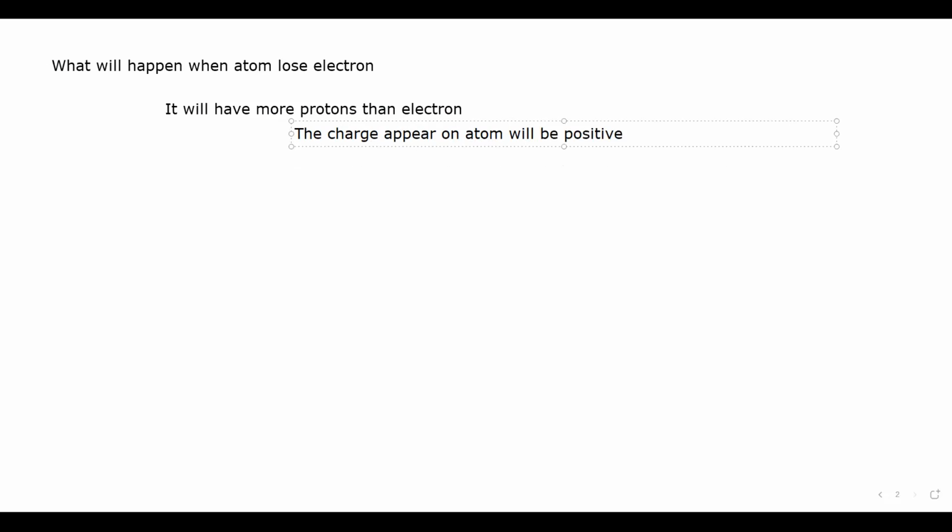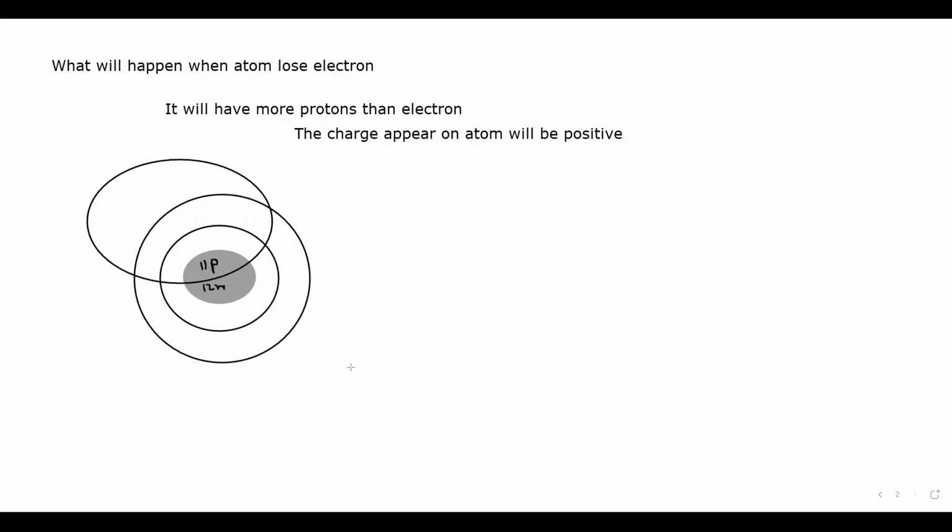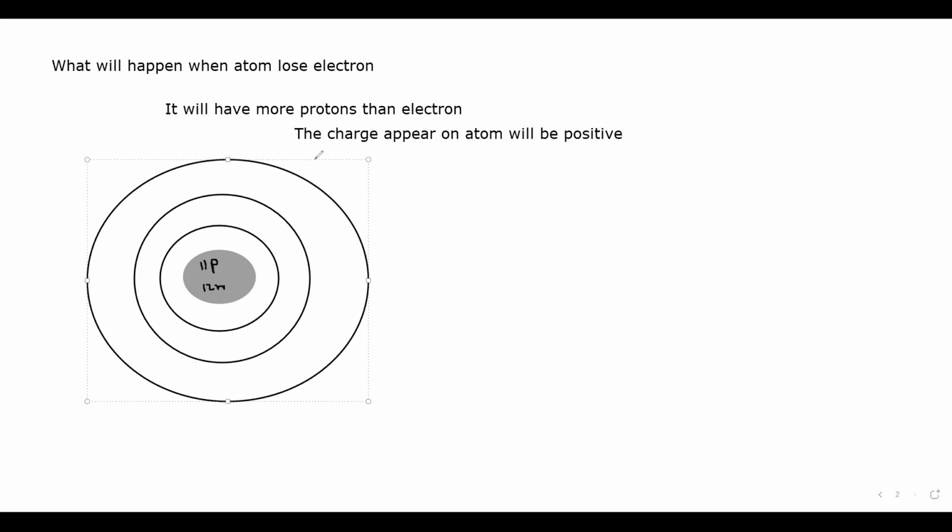So for example, say this is a nucleus. Inside the nucleus, I have 11 protons and 12 neutrons. And around the nucleus, electrons are there, in a definite region which we call a shell.